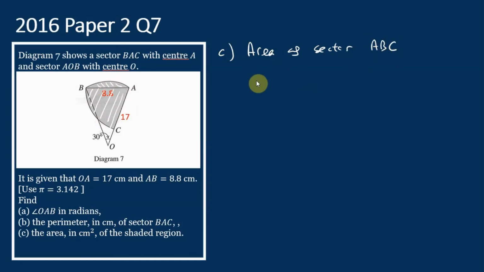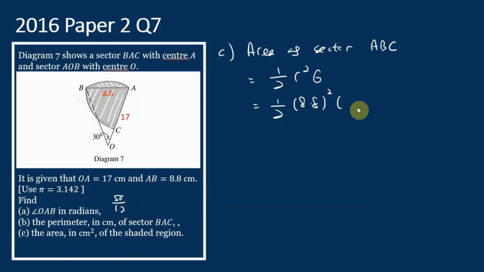The area of a sector is equal to half r squared theta. In our case, r is equal to 8.8, and theta, just now in A, we already found the angle OAB, which is equal to 5 pi over 12.